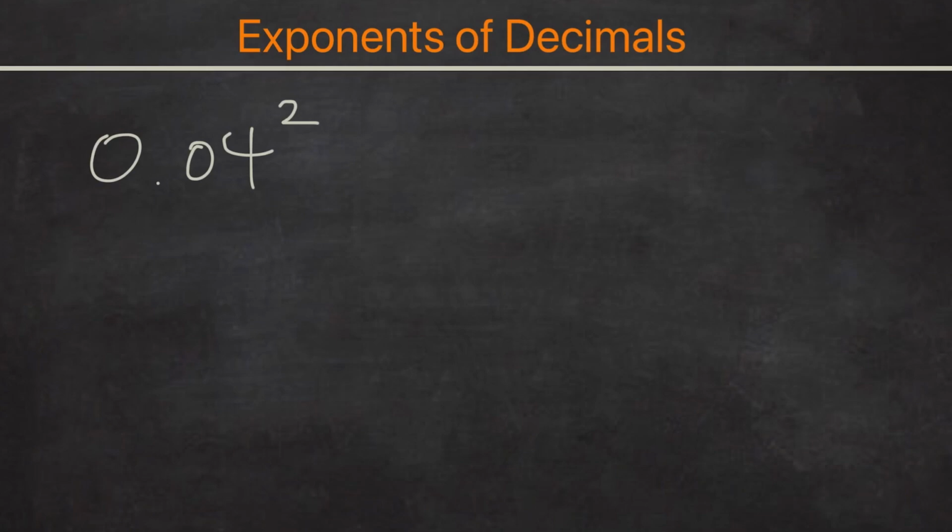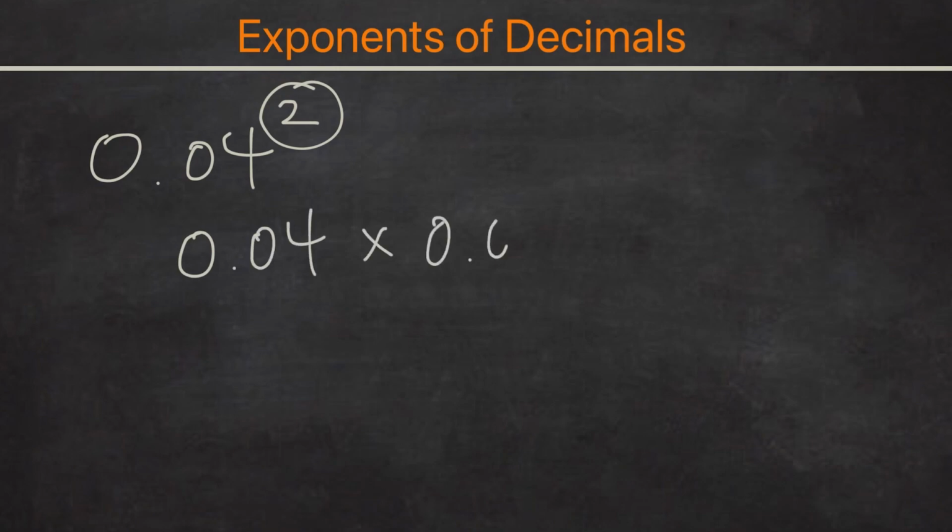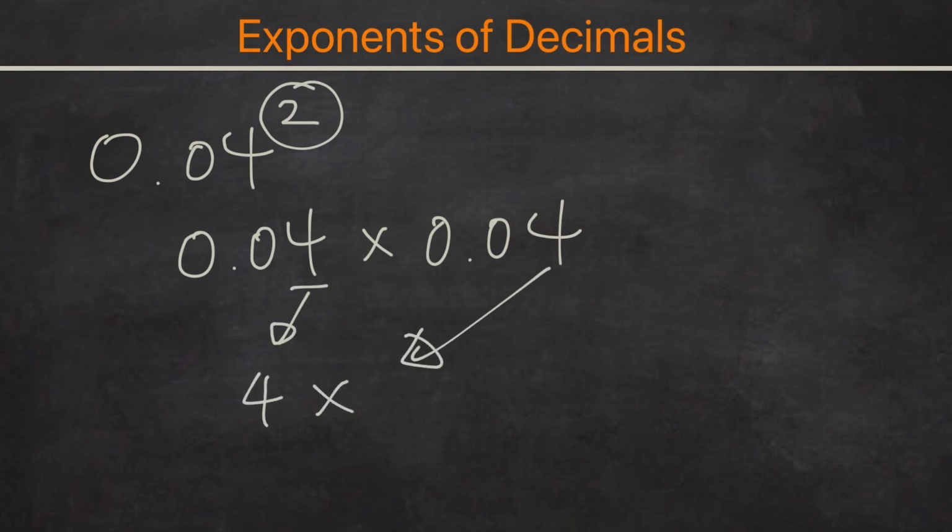Okay, now I'm back. So for this one, we have an exponent of 2, and we will take 0.04 times 0.04, and by taking out the 4, 4 times 4 is 16, and we have 1, 2, 3, 4 decimal spaces.